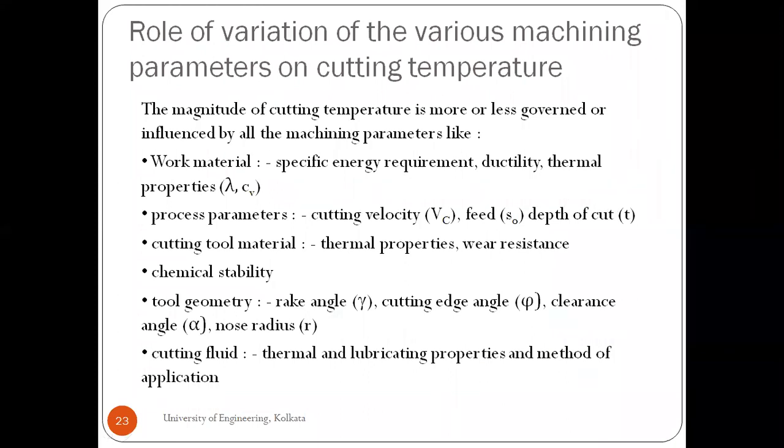The magnitude of the cutting temperature is more or less governed or influenced by the machining parameters like work material, as I told you, tool material, cutting tool geometry, and process parameters like cutting velocity, feed, depth of cut, and the cutting fluid. All these things are essential factors which can control the cutting temperature, right?